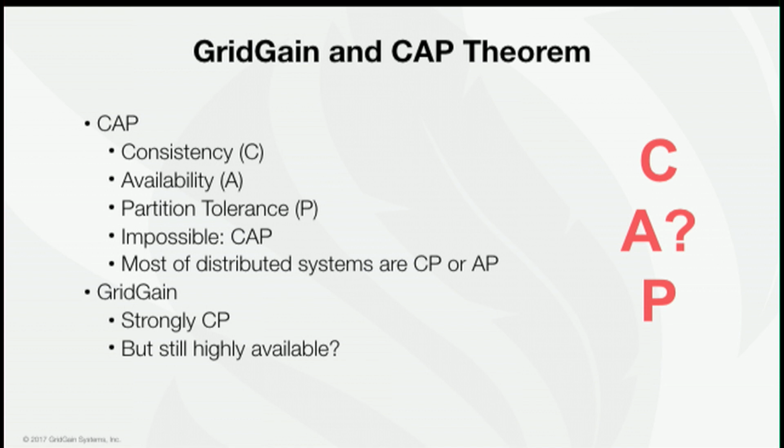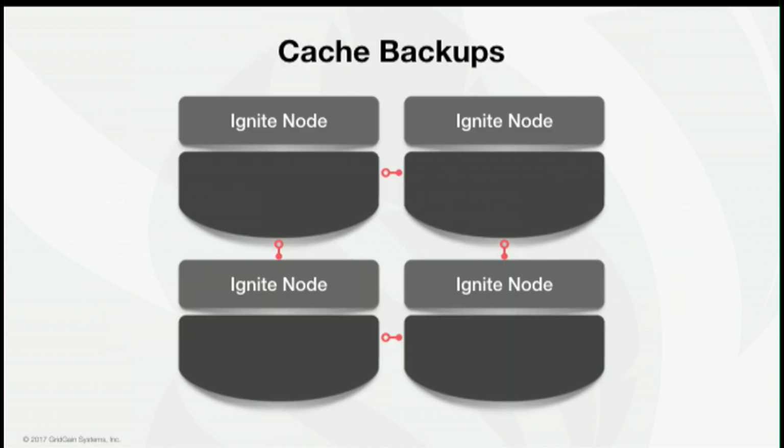So it will never be 100%, but you can make sure it's like 99.959 after the dot, something like that, right? And that's what you're looking for, basically. And I want to talk about how you can achieve this with Ignite and how to increase the availability of the system.